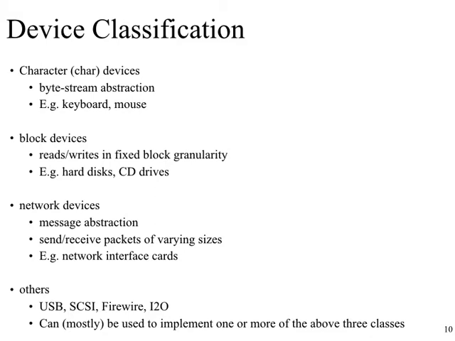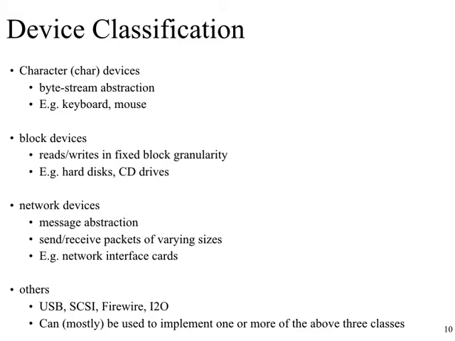Block devices divide up the data into equal sized blocks. So every read and write operation happens at a block granularity. For example, a hard disk might divide up data into blocks of 4 kilobytes, 8 kilobytes, or so on. So most storage devices fall in the category of block devices.